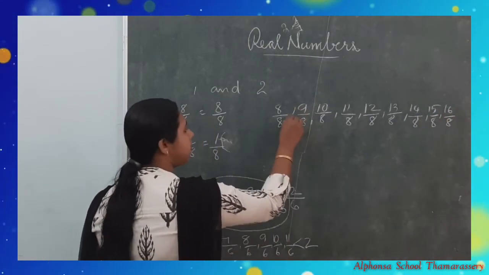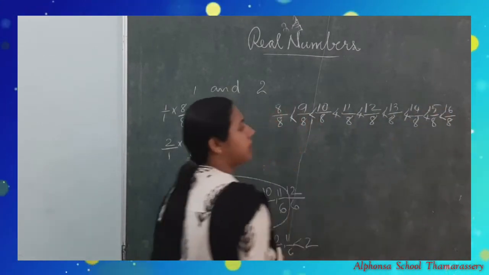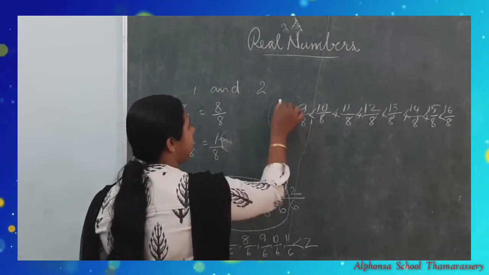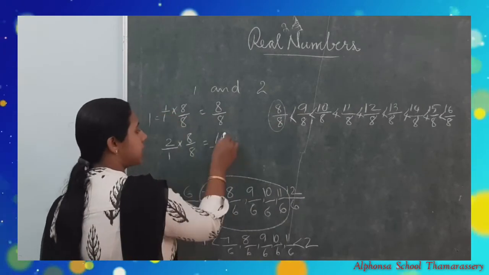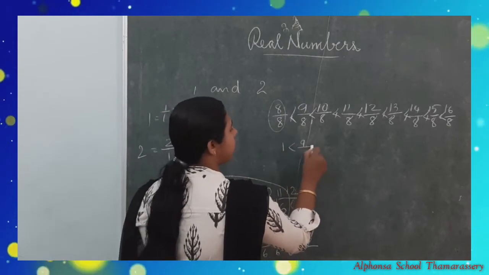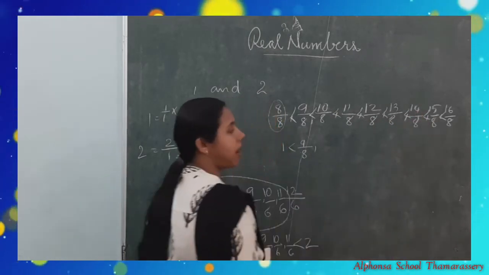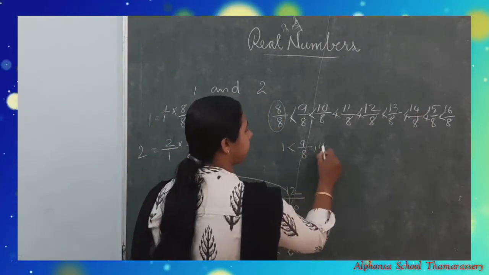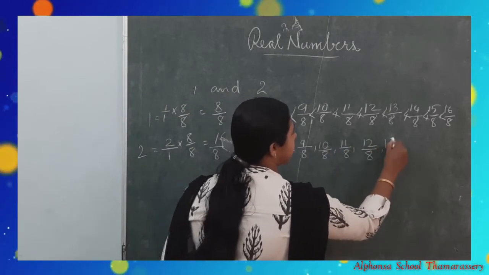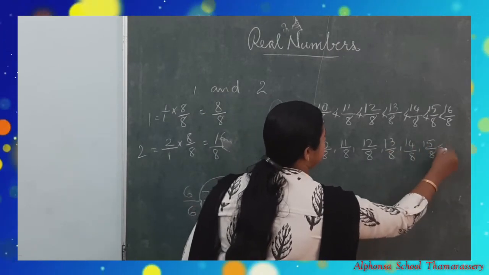So between 8 by 8 and 16 by 8 there are a lot of rational numbers. We know that 8 by 8 is equal to 1, 16 by 8 is equal to 2. So between 1 and 2, there are 7 rational numbers: 9 by 8, 10 by 8, 11 by 8, 12 by 8, 13 by 8, 14 by 8, 15 by 8.